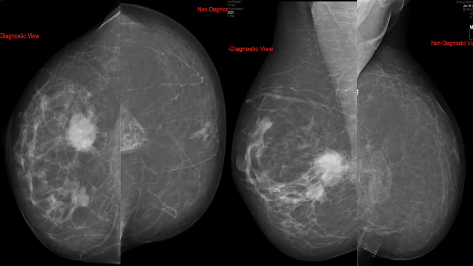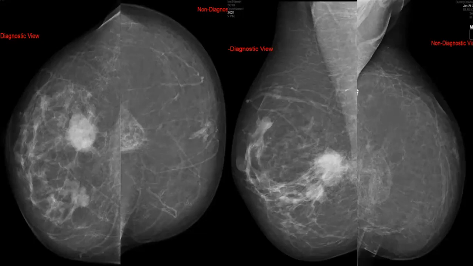Okay, what about this area? How are you going to interpret this area? This is far away. What about the ACR for the breast? It's A to B. Both sides?